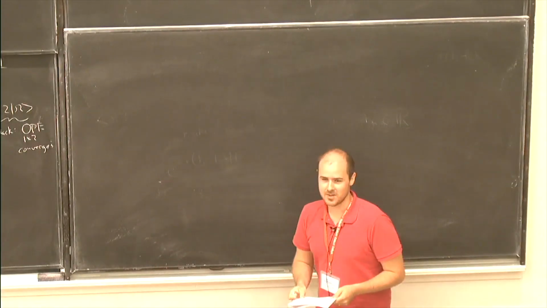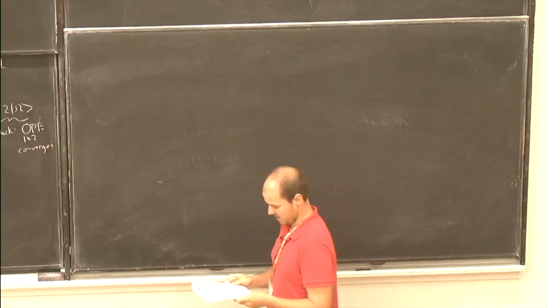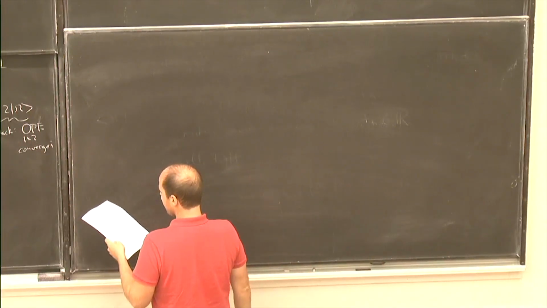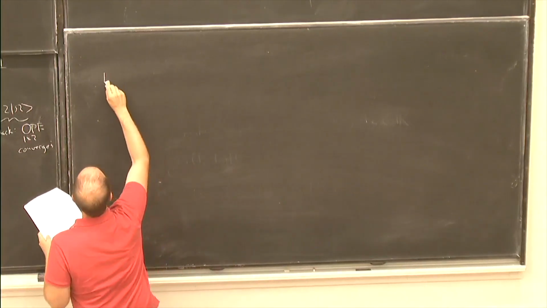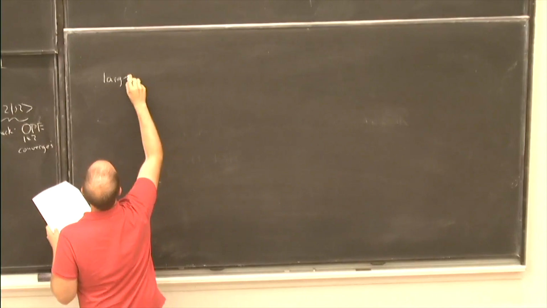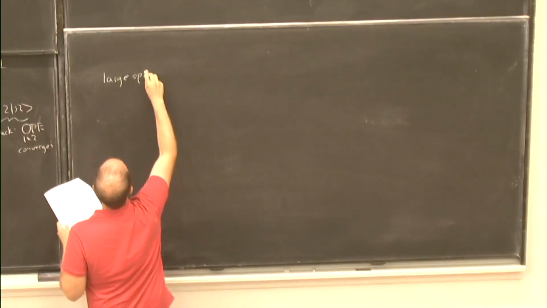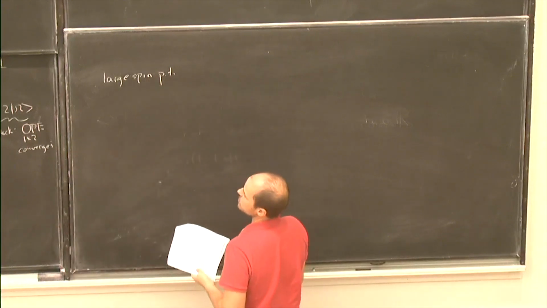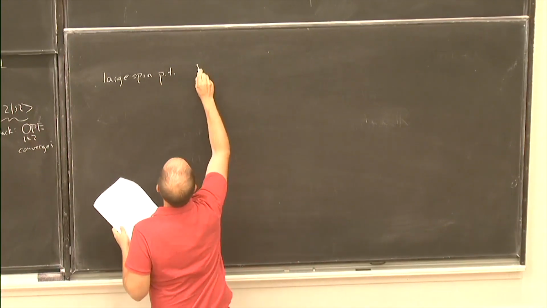And I promise that it'll only take 5 minutes plus a few minutes. Okay, so what we're going to do is large spin perturbation theory. And the way you do that using the Lorentzian inversion formula is pretty remarkable. You just set J to be large.